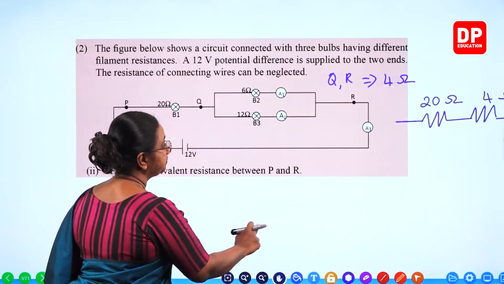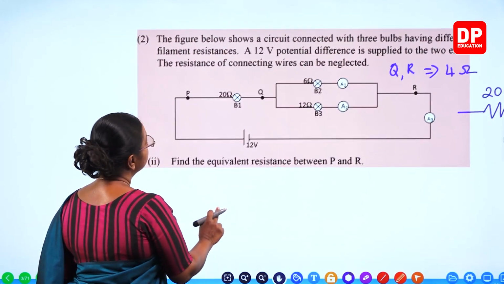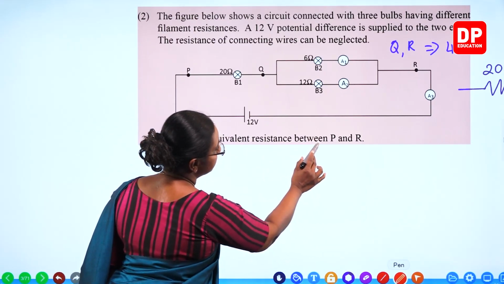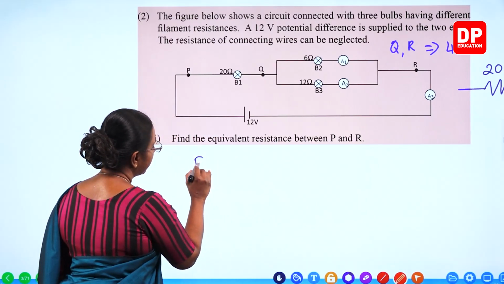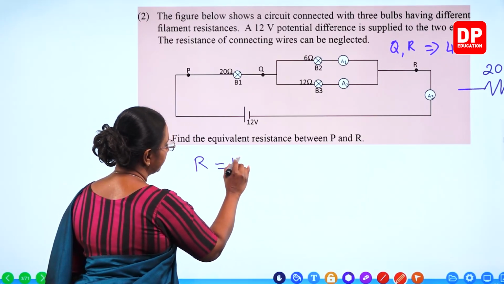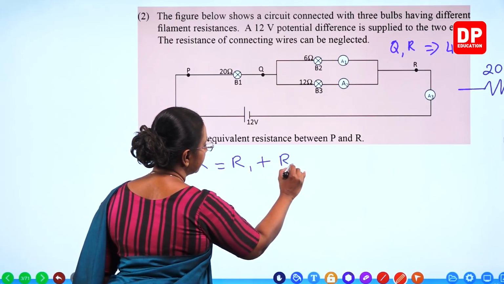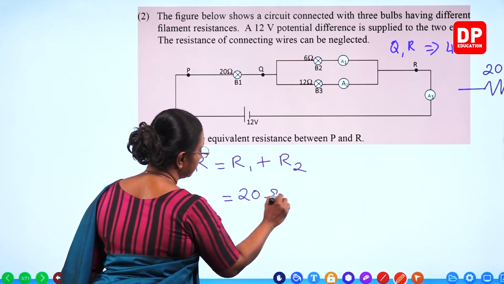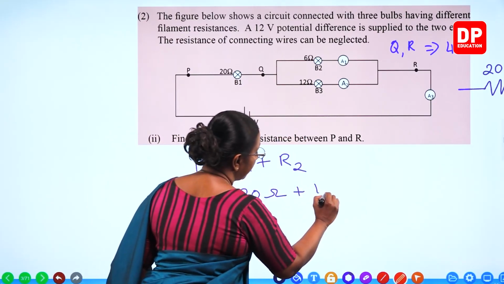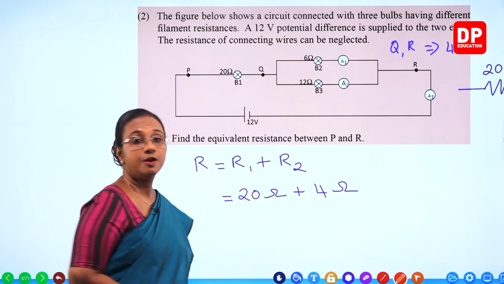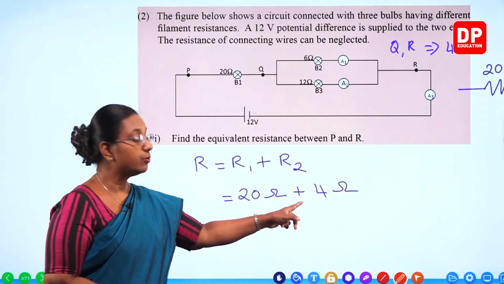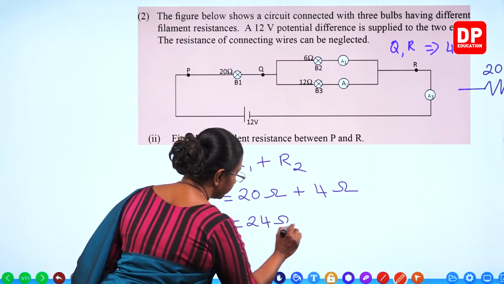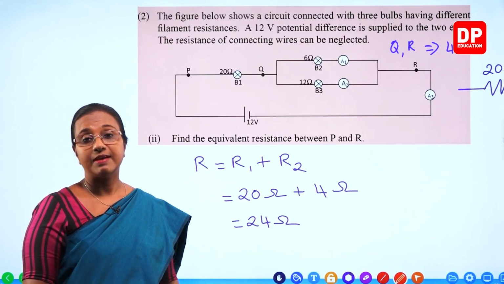So then, here to answer the question, find the equivalent resistance between P and R. You write the equation R is equal to R1 plus R2. So R1, 20 ohms plus R2, we found the equivalent resistance 4 ohm. 20 ohm and 4 ohm, 24 ohms. That is the value.